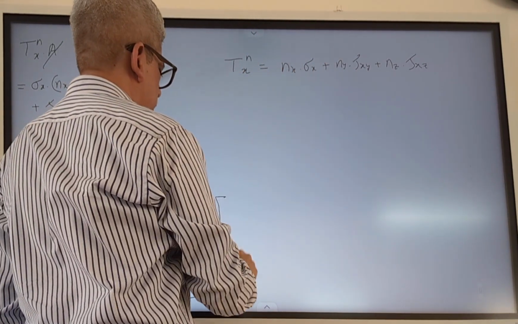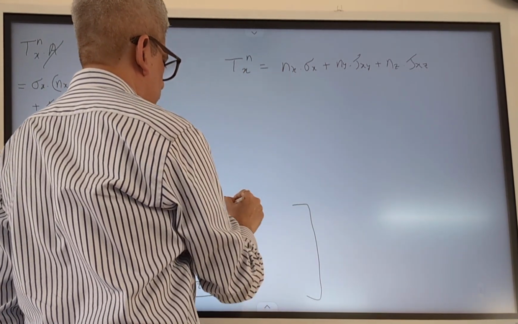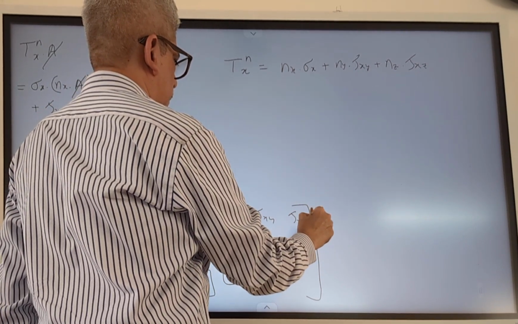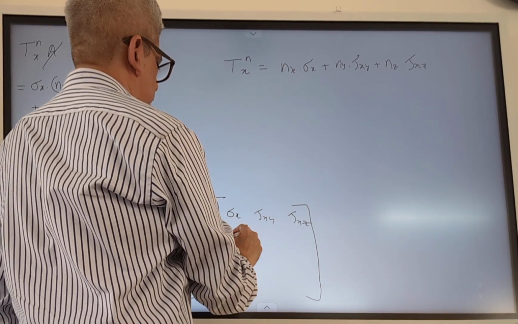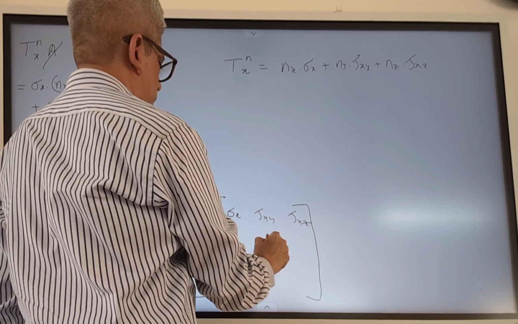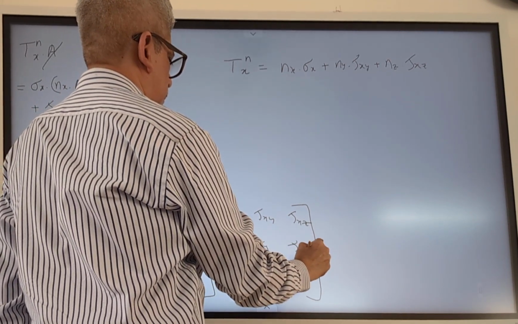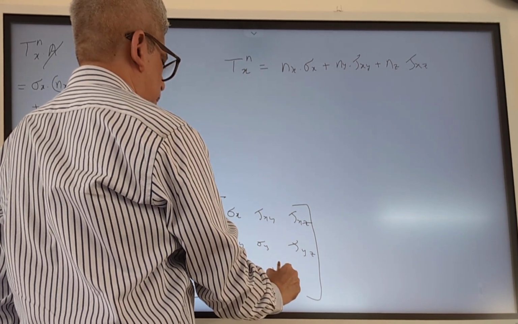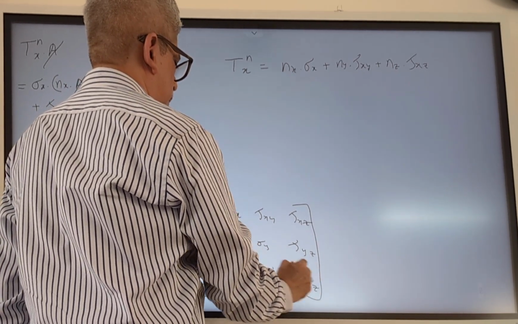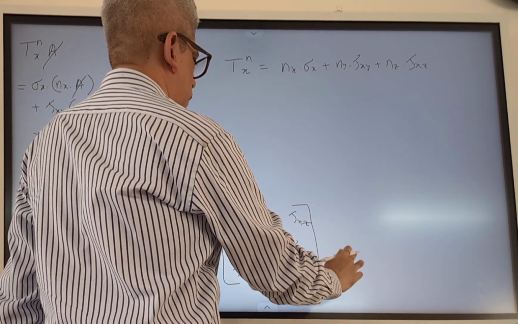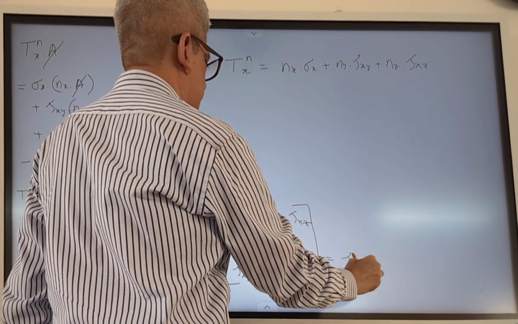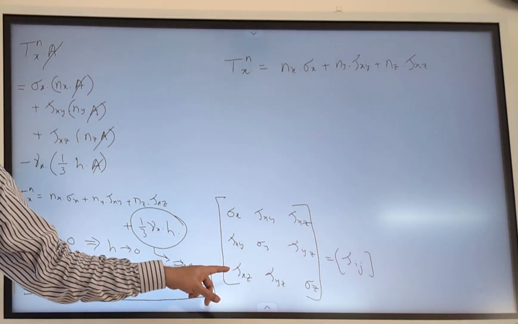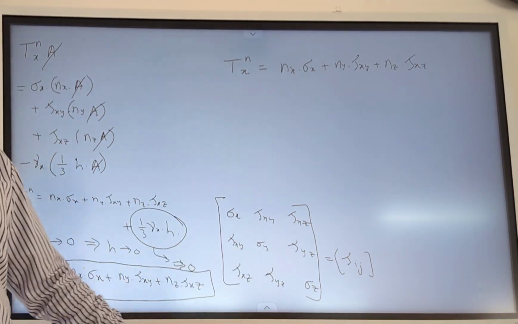Just for your reference, I am writing here the stress matrix. So this is your stress matrix. The stress state at a point would be given by this particular term.